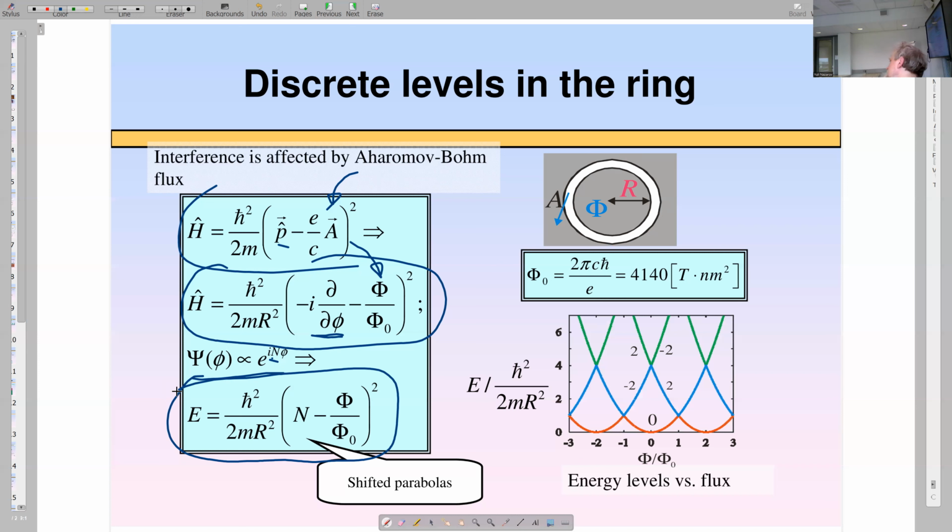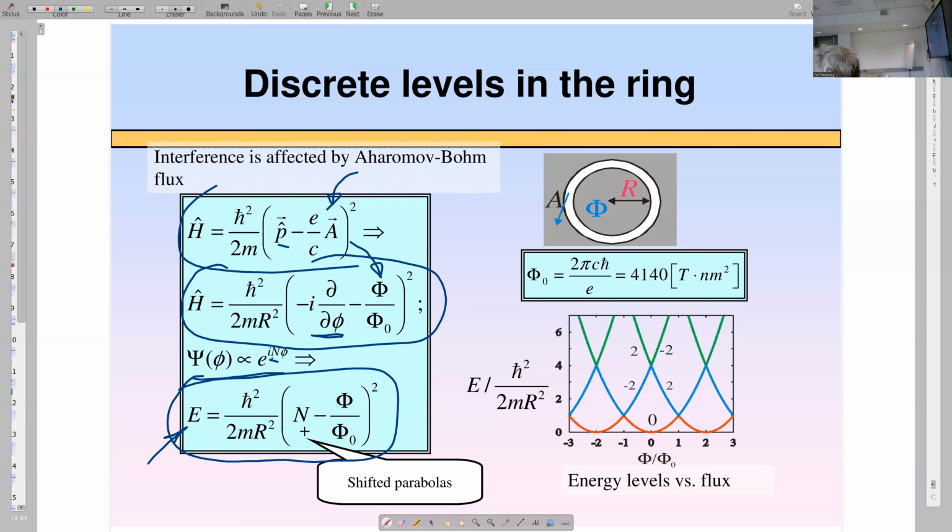And we currently have here not a physical but a theoretical physics analogy. If you remember the story about the Coulomb blockade, we had a very similar expression of shifted parabolas.